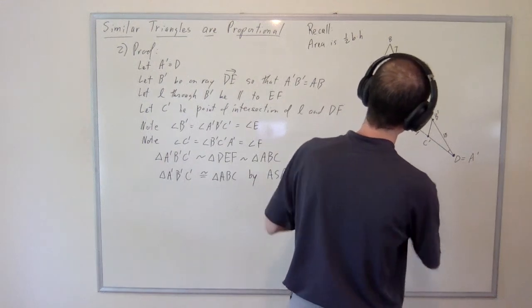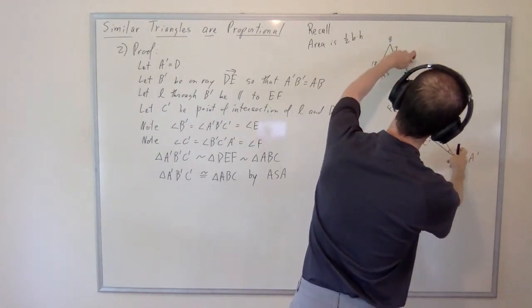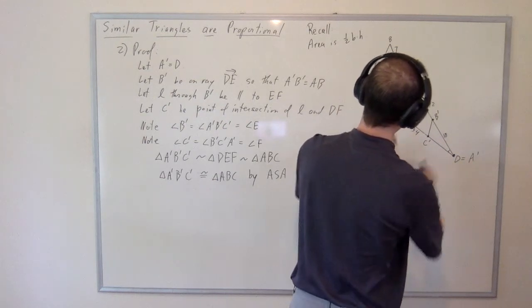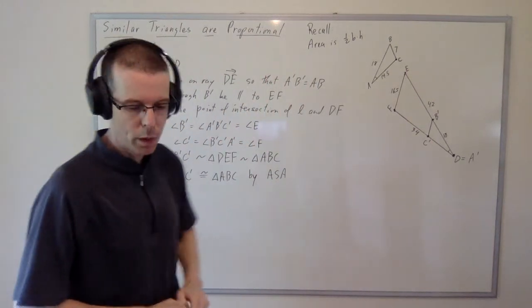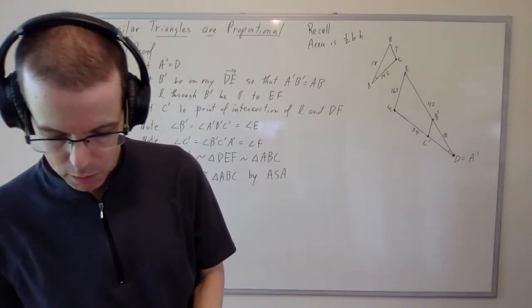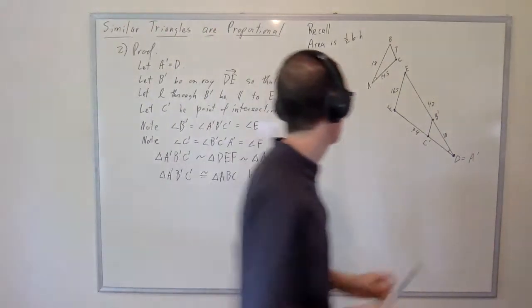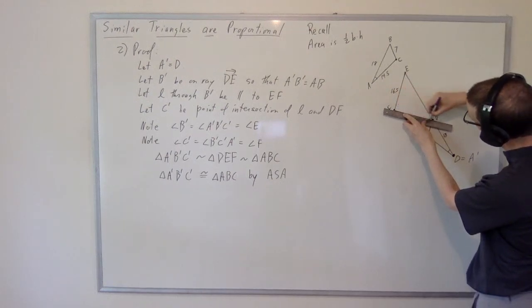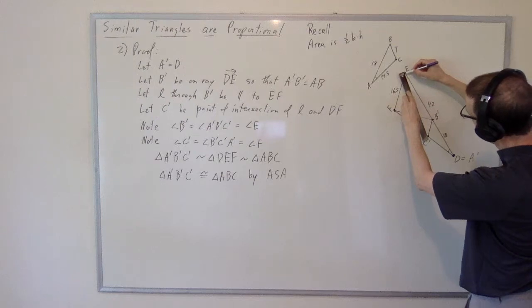So what we're going to try to do is compare the ratio A prime B prime over DE to the ratio A prime C prime over DF. Now, we're going to need some auxiliary triangles here, so let me draw them in. I'm going to need to draw B prime F, and I'm also going to need EC prime.